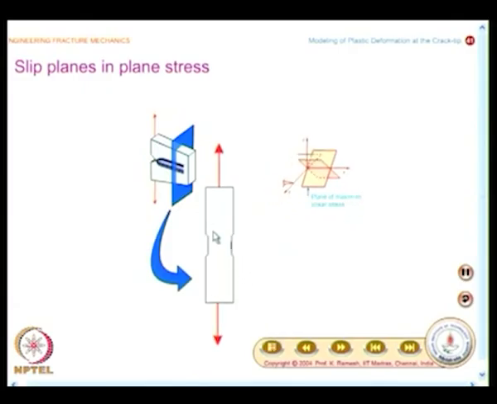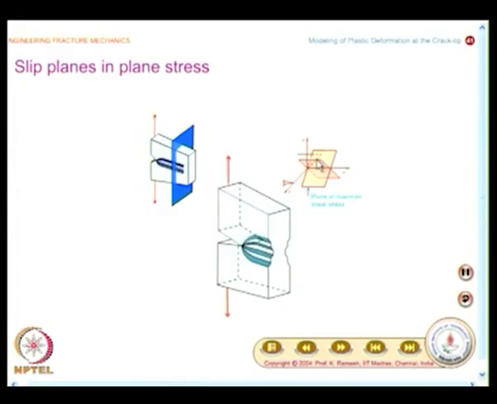And when you look at the side of the specimen, slip takes place at 45 degrees, because this is the plane where you have the maximum shear stress, and this is how you anticipate the plastic zone to occur.